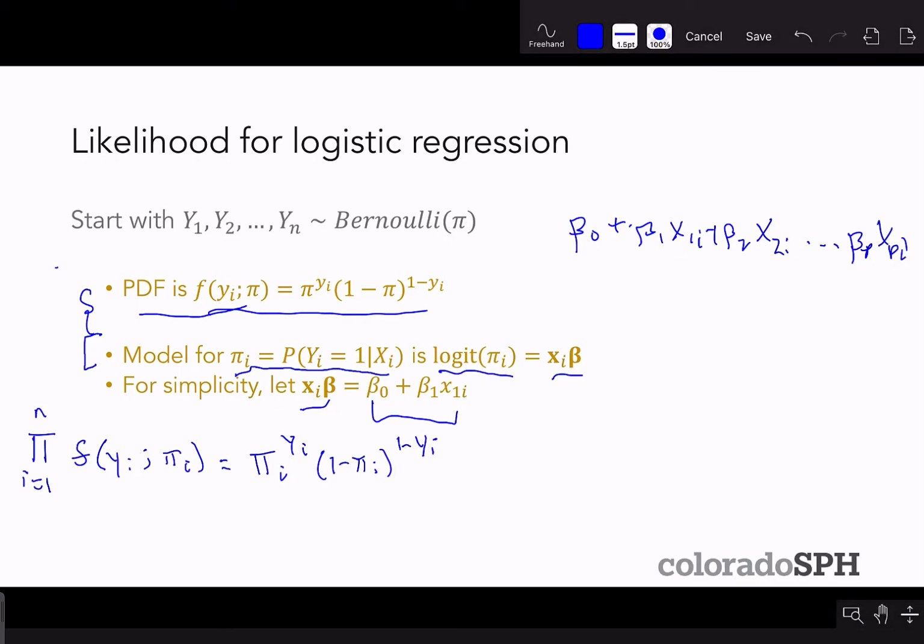But now we also have a model for pi i in terms of our x's and our betas. So we can plug that in as well.